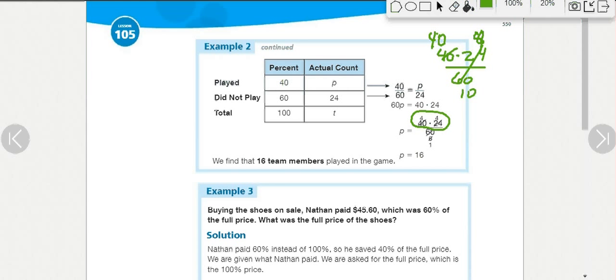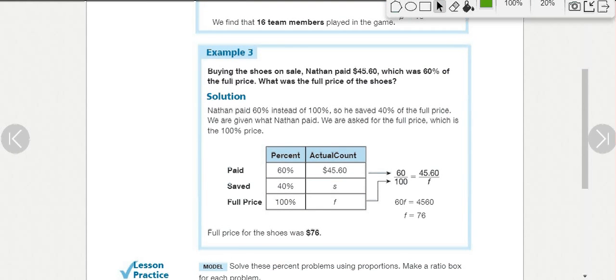Too messy. 40 times 24 over 60. Let's divide these both by 10. So this is 6 and this is 4. Divide these by 6. 4 times 4 is 16. So you can try to reduce it after multiplying or keep it broken up. See if it saves you time. So we're using what we know about percents to fill in a ratio box to solve word problems.